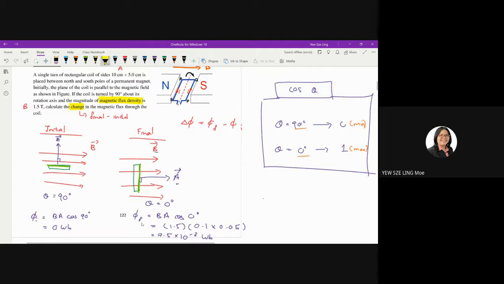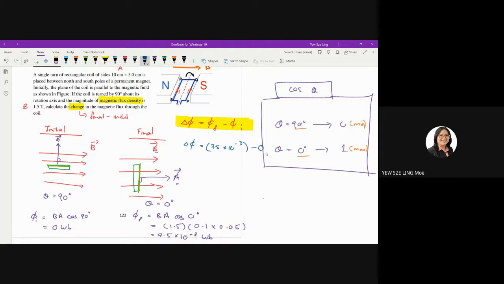Once you have these two values, you can then calculate the change. Remember, you are not done answering the question yet, because the question is asking for the change in magnetic flux. So delta phi is then equal to 7.5 times 10 to the power of negative 3 minus 0.